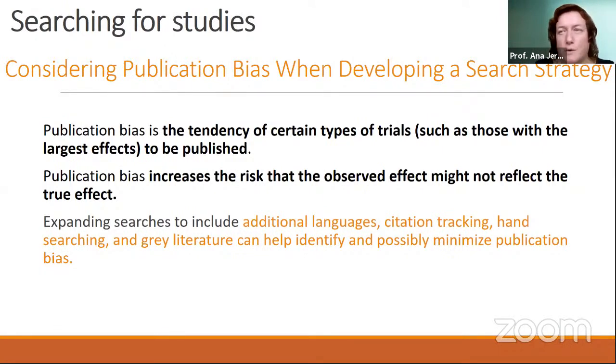This includes posters, and going through registered trials to see whether something was published from these files. Hand searching, citation tracking, and so on, to see whether negative studies were missing in action.